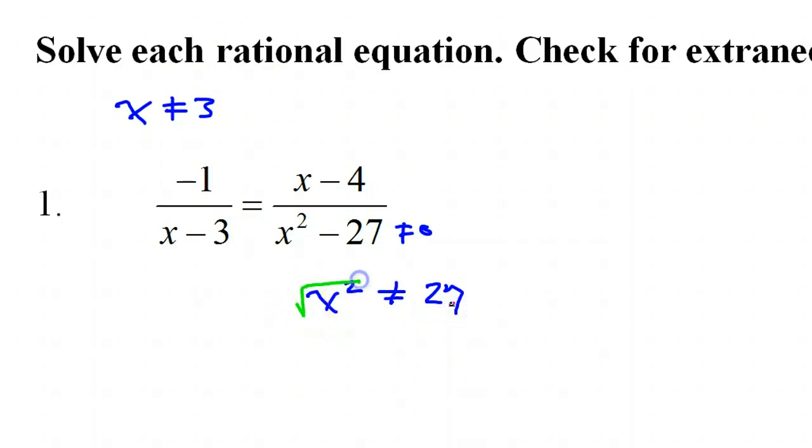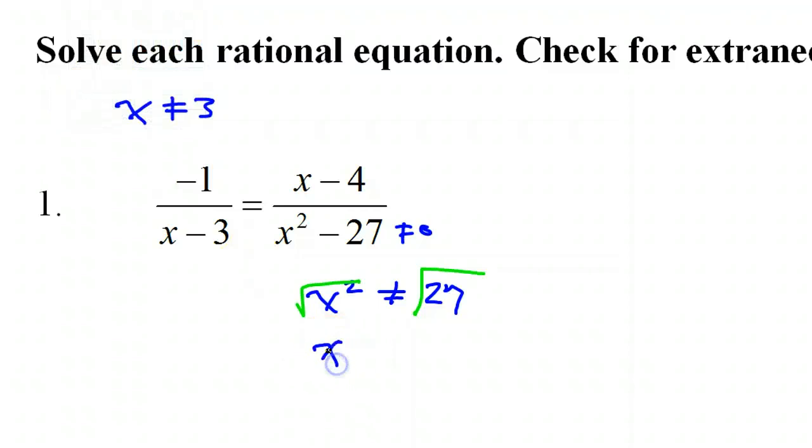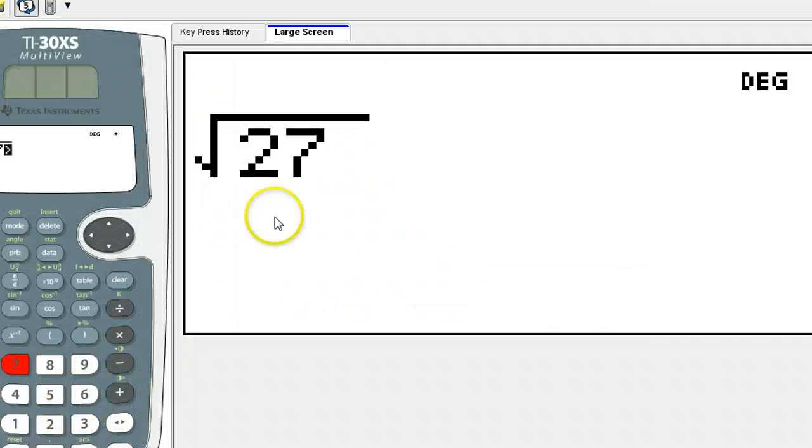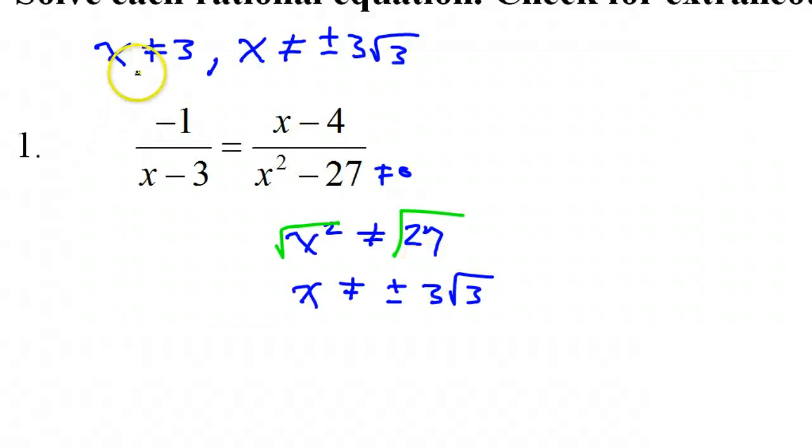Then we would take the square root of both sides, and that's going to give us that x cannot equal plus or minus 3 radical 3. The square root of 27 is 3 radical 3. Alright, so those are the restrictions.